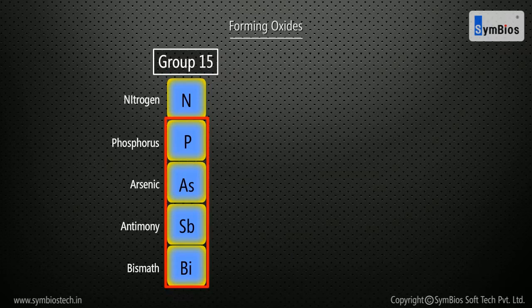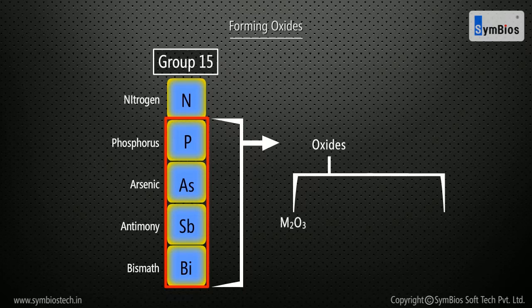Other elements of Group 15 form two types of oxides of the type M2O3 and M2O5, where M is equal to P, Sb or Bi.